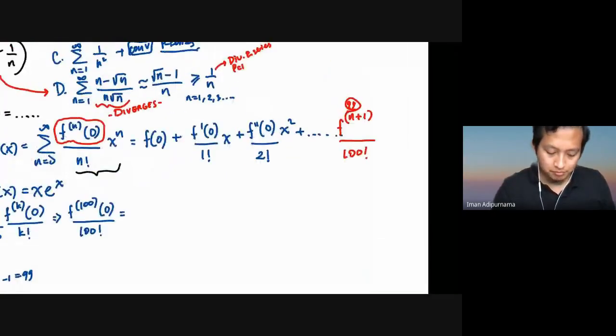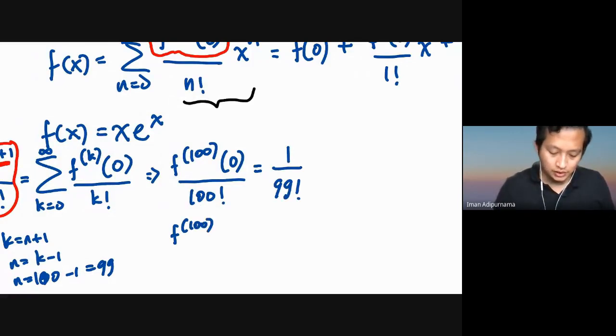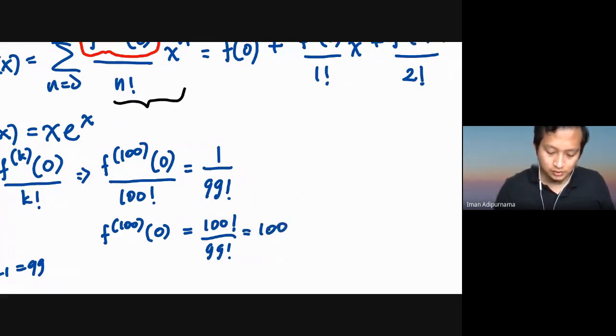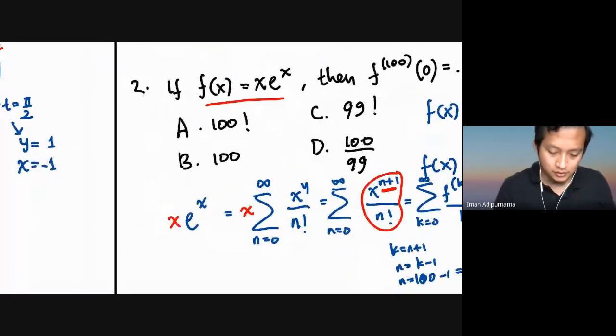So by that logic, this should be equal 99 factorial. So the term of this constant becomes this divided by this, which is only 100. And that's why the answer for the second question is B.